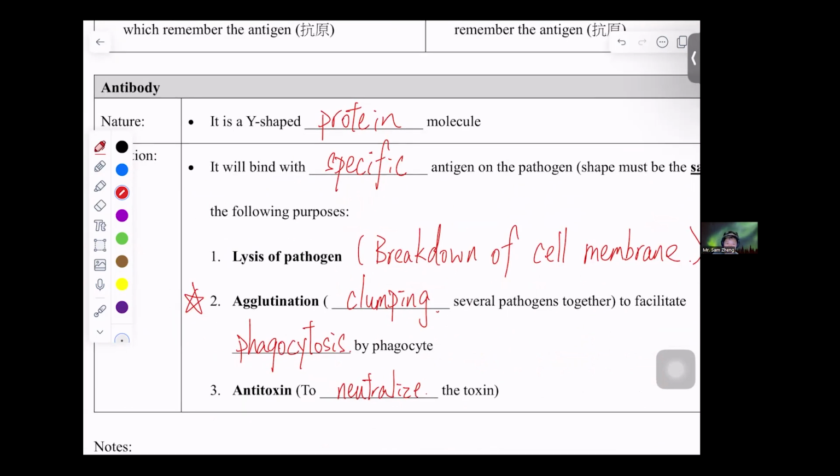They will bind specific antigen on the pathogen and have several functions. First, lysis of pathogens, meaning they will break down the cell membrane. They will also cause agglutination, meaning clumping or aggregating several pathogens together to facilitate phagocytosis by the phagocytes. And lastly, they may form antitoxin, which will neutralize the toxin.